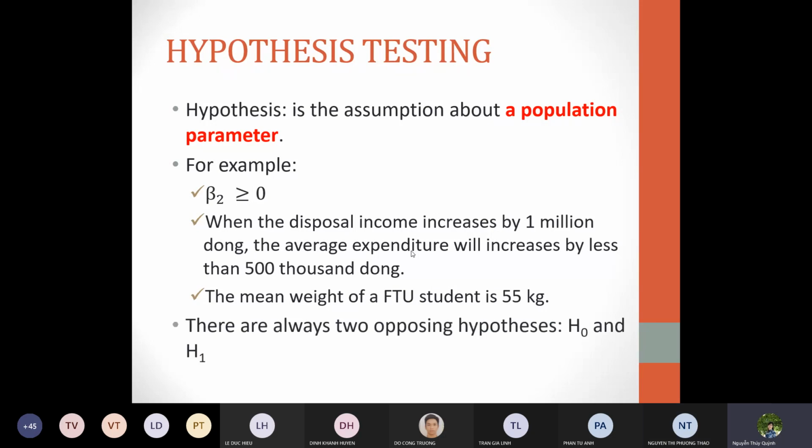There are always two opposing hypotheses. We have H0, the null hypothesis, and the alternative hypothesis H1, or sometimes you can see some books write the alternative hypothesis as HA.